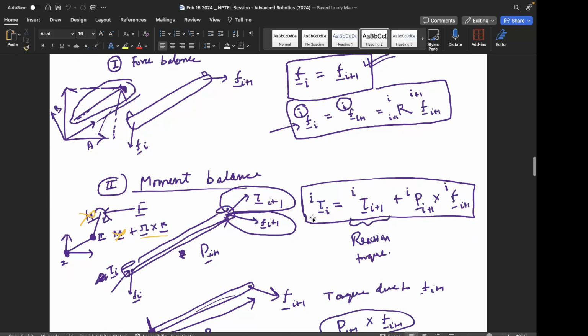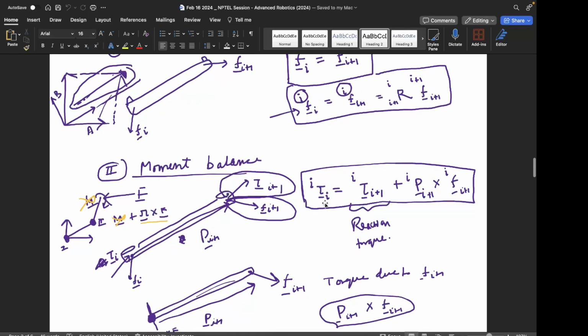In the second relation, the moment balance, the joint torque experienced at the ith joint will be equal to the reaction torque plus the torque due to the force applied. If there were an acceleration or angular acceleration, then we would have additional terms. But since there is no acceleration here, everything should cancel out, right?